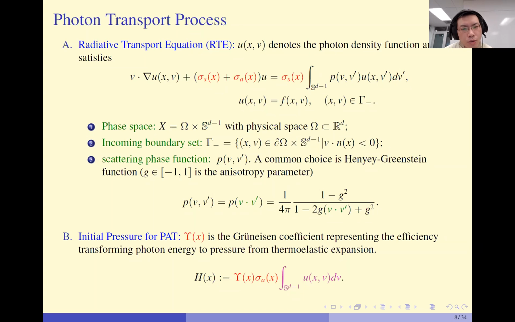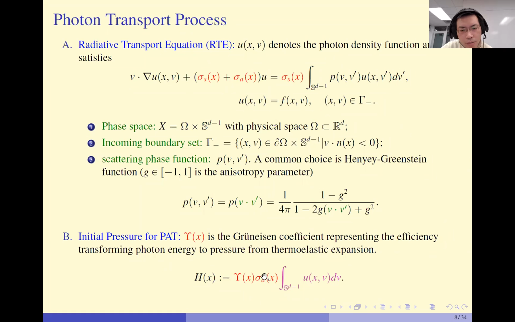Okay, so this is a physical process about the photon transport. To simulate it, as we have mentioned, part of the energy absorbed by the medium will trigger the ultrasound. To simulate the energy absorbed by the medium, we use the following quantity.